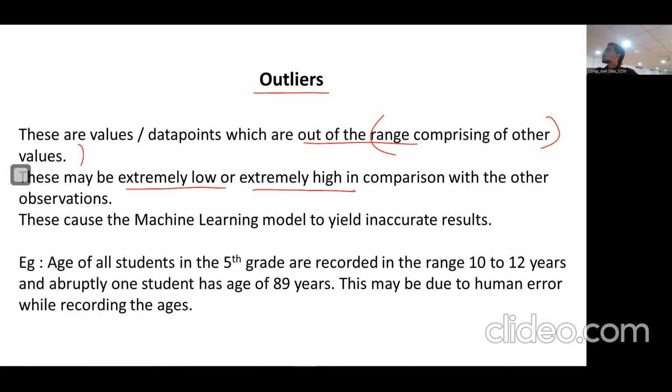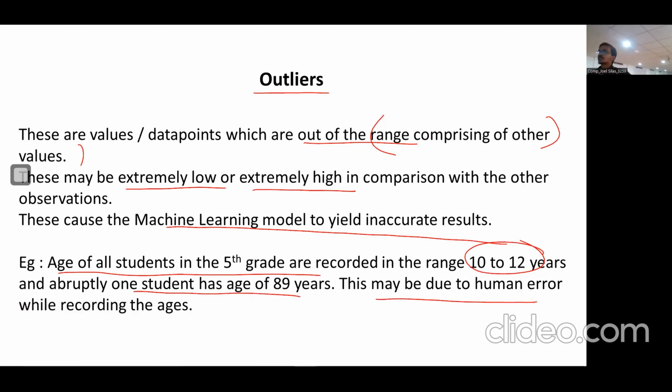These cause the machine learning model to yield inaccurate results. For example, if the ages of all the students in the 5th grade are recorded and they are in the range 10 to 12, and suddenly one student has the age of 89 years, then this may be due to a human error while recording the ages. But due to this outlier or this invalid input in comparison with the range of other values, we'll have some inaccuracy in the prediction. So this is an outlier.